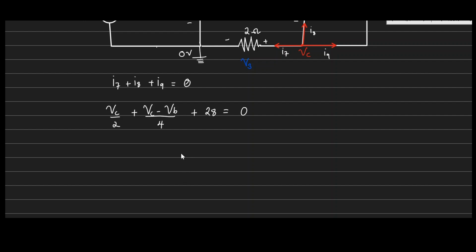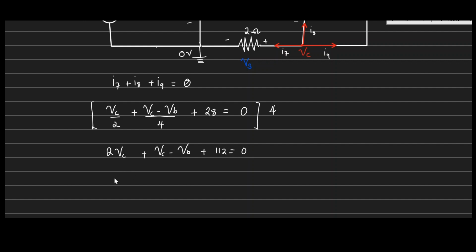Okay, and then let us multiply by the lowest common multiple of 2 and 4, which is 4. Okay, so VC over 2 times 4, that is just 2VC, right? Plus 4 and 4 cancel, just remaining with VC minus VB plus 4 times 28, that is 112, and this is equal to 0.